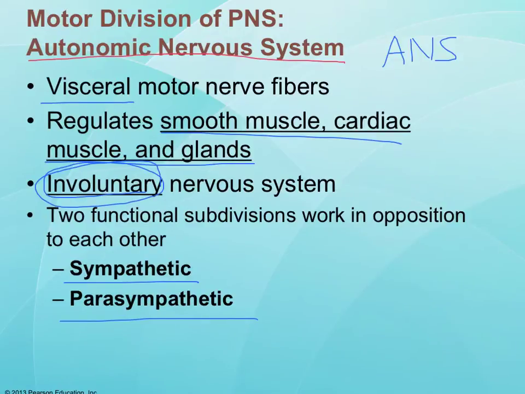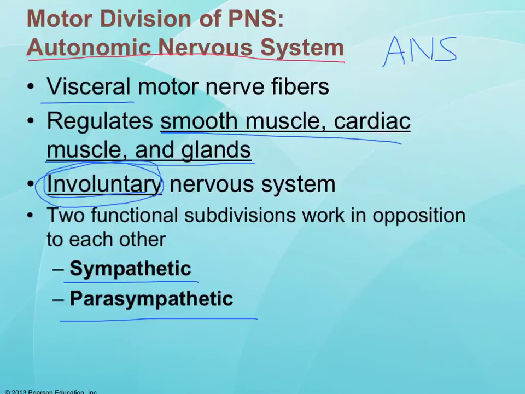The sympathetic controls your alert system, so when you get scared or stressed, it gives you all those functions and controls all the organs you need to fight or to flee away. The parasympathetic controls those involuntary functions when you are relaxed. We call it the housekeeping system.